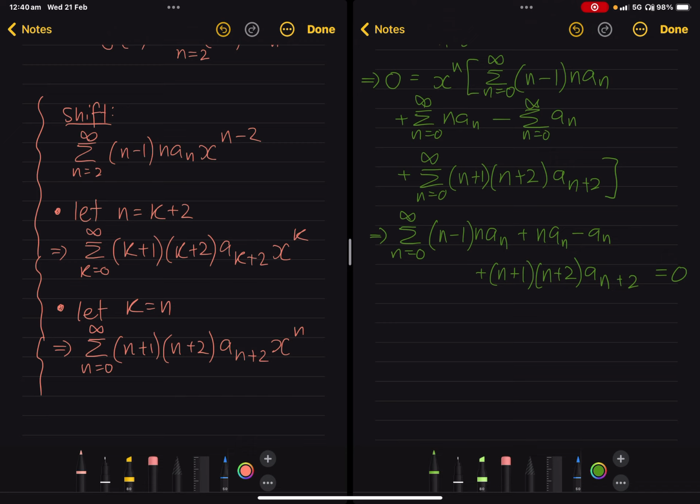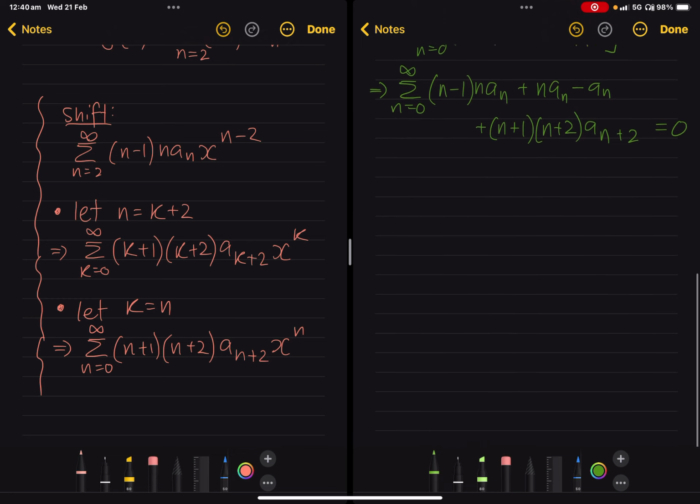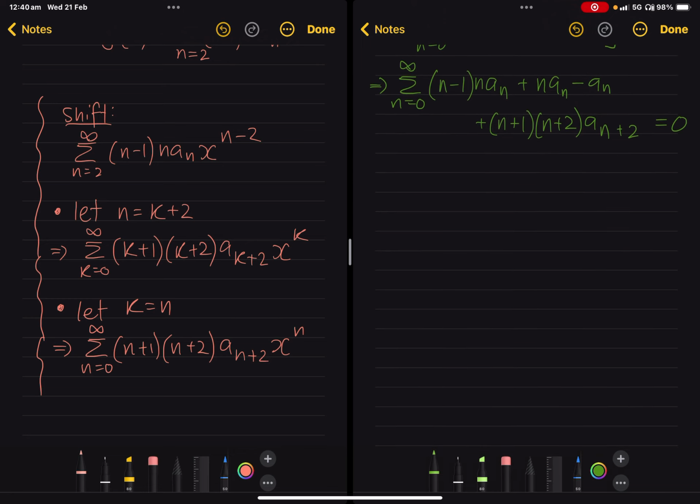So now what we're going to do is start letting n be particular values, and this is going to give us particular expressions in a_n and a_(n+2). So we are going to let n equal 0. So this will cancel the first term and the second term.